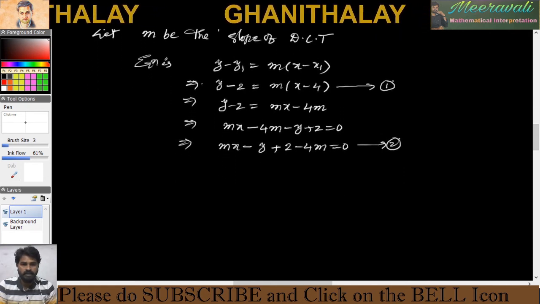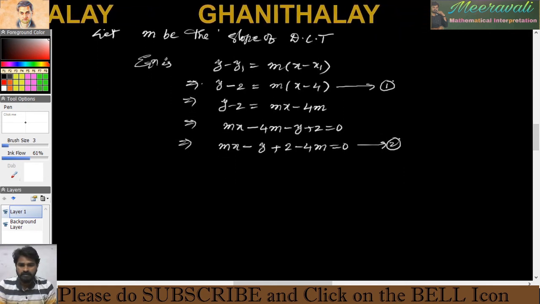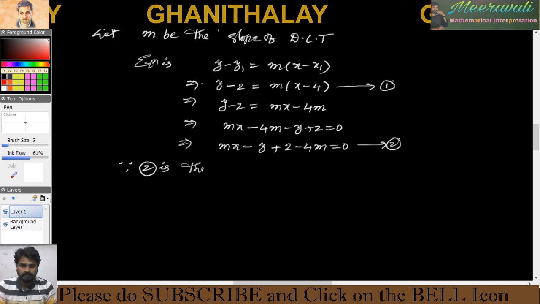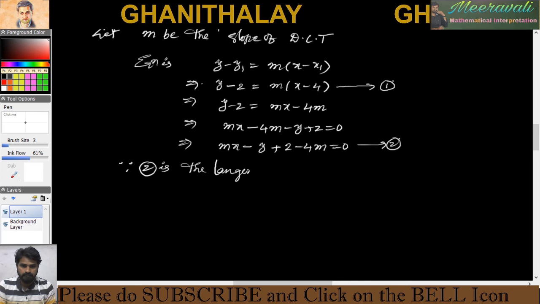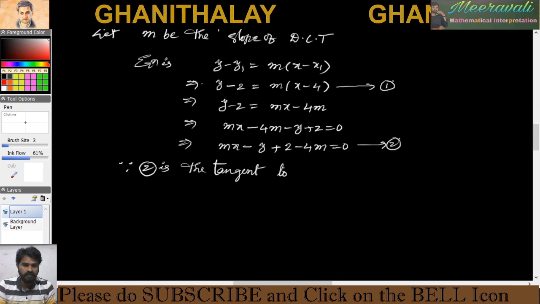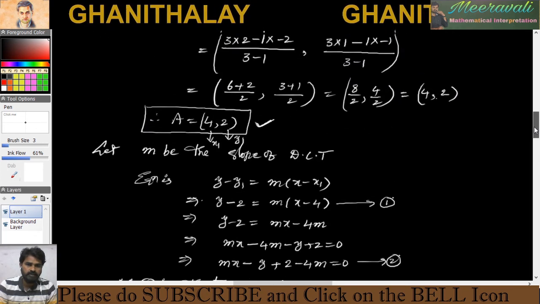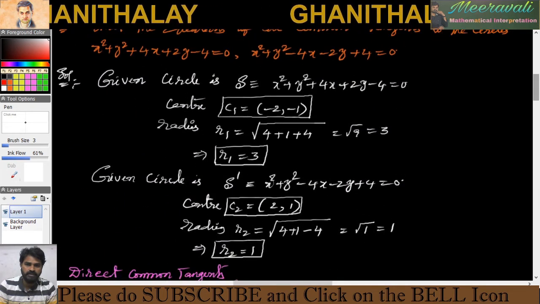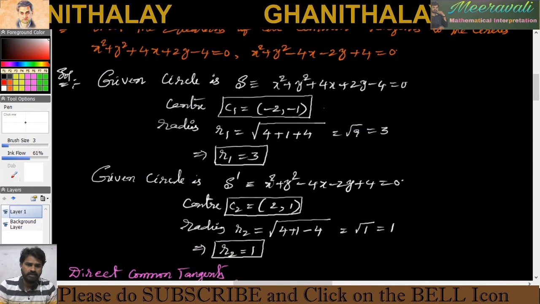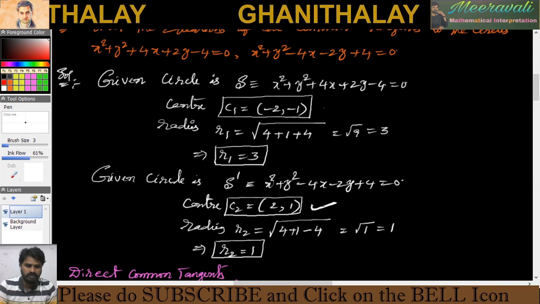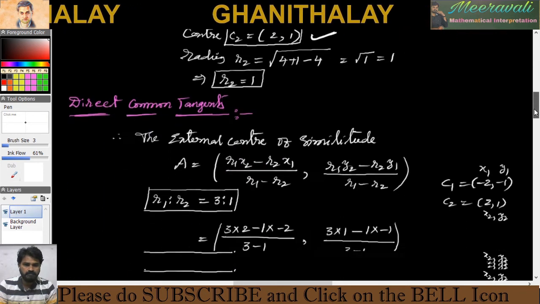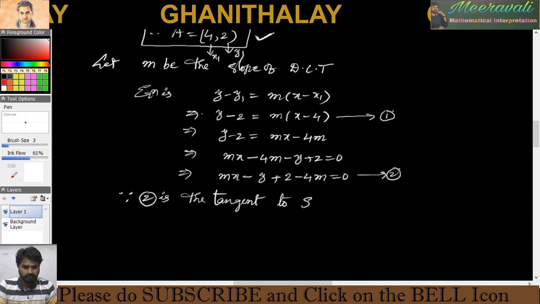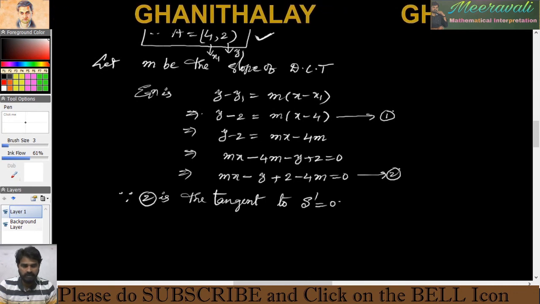So that means, since this is tangent to either of the two circles, first we take whichever center coordinates are easy. I am taking the first circle, sorry, the second circle, because all are positive, so I am using the second circle. Tangent to the circle, h dash is equal to 0.